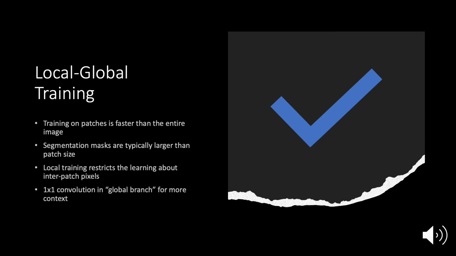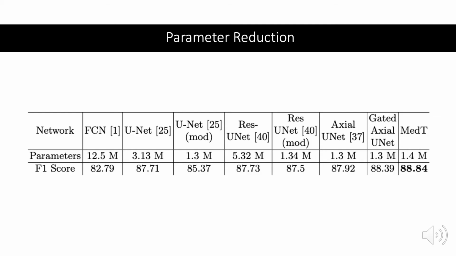One advantage of a transformer over previous state-of-the-art in any domain is that transformers are able to use potentially fewer parameters. So within medical imaging, the U-Net has been a popular go-to model for image segmentation. And you can see here that the U-Net that they've described has 3.1 million parameters.